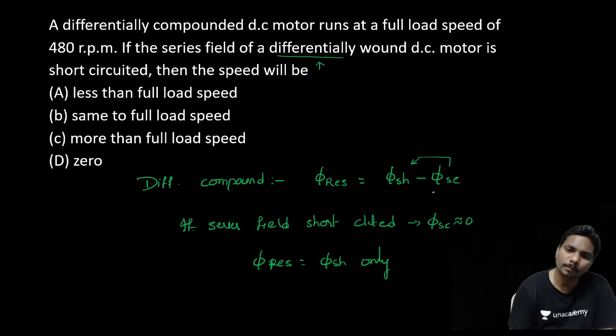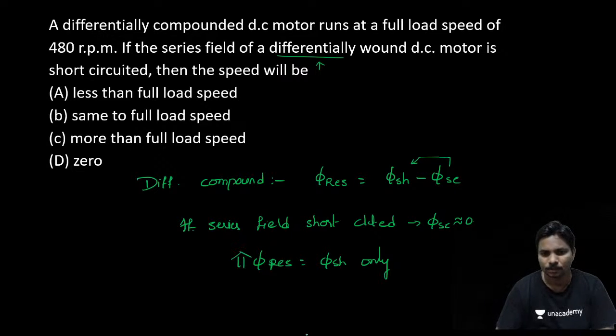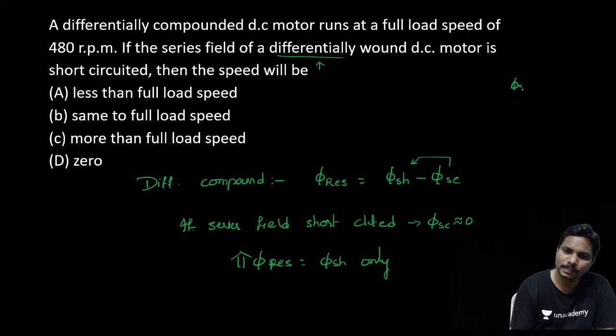That means the minus part is going to be 0, so it has only φsh, and its value is higher. For example, if φsh is equal to 10 milliweber and φse is equal to 2 milliweber, then the resultant flux is 10 minus 2, which is equal to 8.